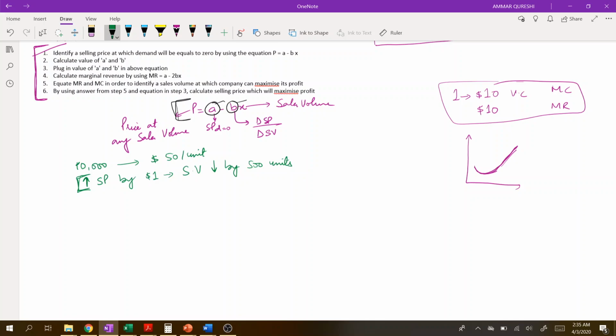pricing chapter, right? And then, for example, suppose the variable cost or the marginal cost of the product is around $28, right? So what we are going to do is find a selling price that can maximize the company's profit.